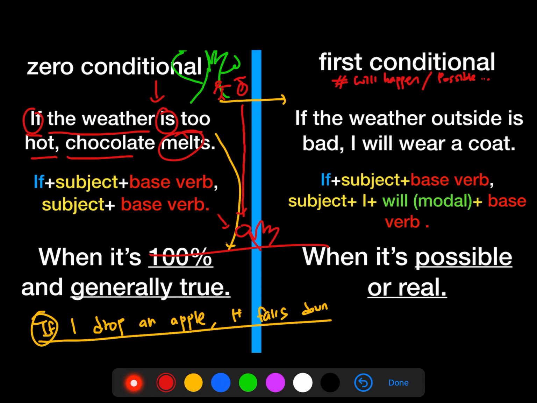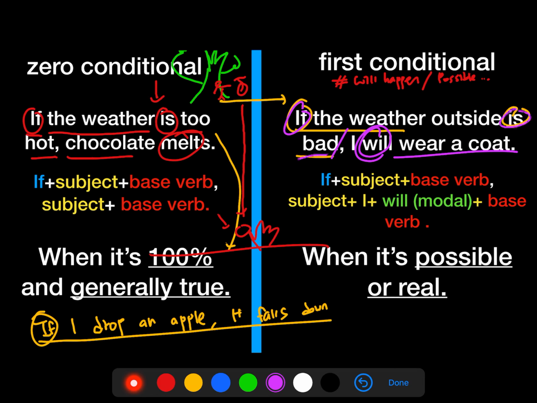Let's look at the example here. If the weather outside is bad, what are you going to do in the future? What's your plan? I will wear a coat. One more time: if the weather outside is bad, I will wear a coat.